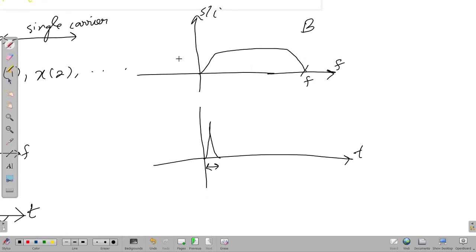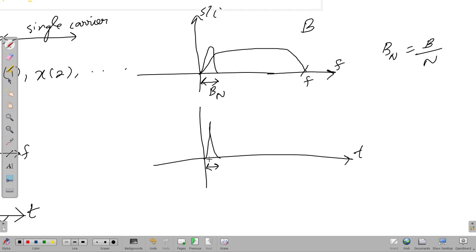But if you have a substream, let me just draw a substream here. Substream is having a bandwidth which is much less than b, that is Bn, and Bn is obtained by B divided by n. Bn is very small when compared to B. In most of the cases, n is a large value, so Bn is very small.